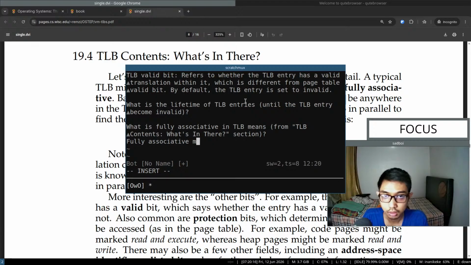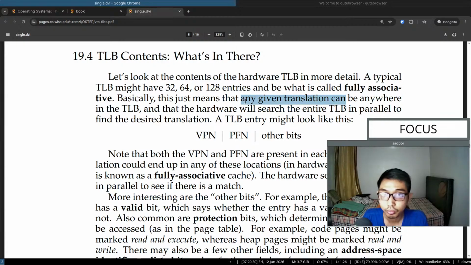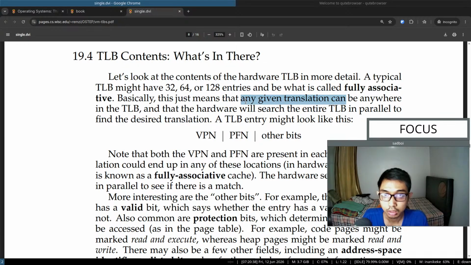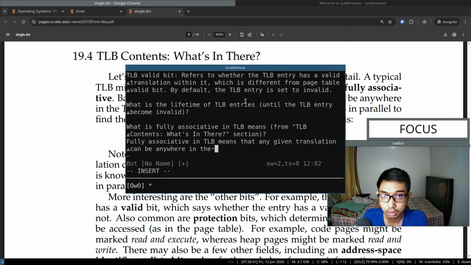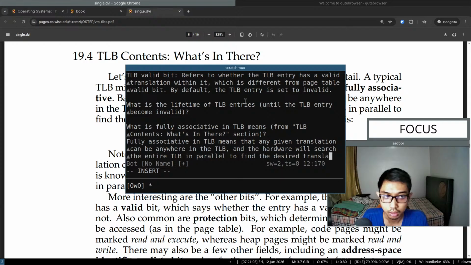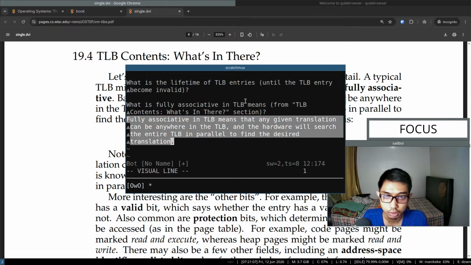Maybe it means that any given translation can be anywhere in the TLB, and the hardware will search the entire TLB in parallel to find the desired translation. Yeah, maybe something like that.